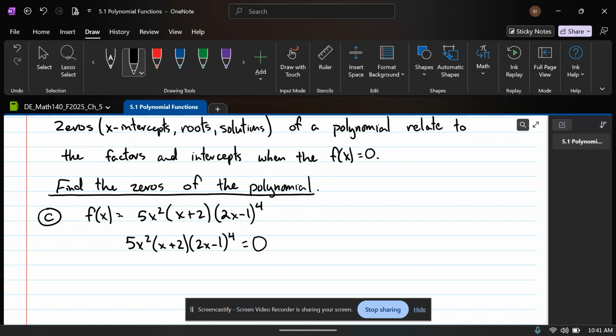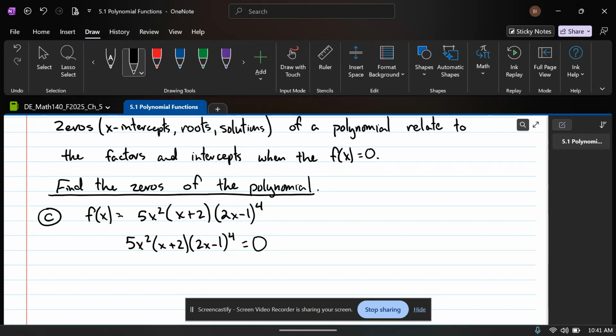In Algebra 1 and Algebra 2, we learned a thing called the zero product property, which said if you multiplied more than one thing together and it equaled 0, then at least one of those things was 0. If they all have variables in them, then you've got to set them all equal to 0 to find out what x values would give you 0 out of that.